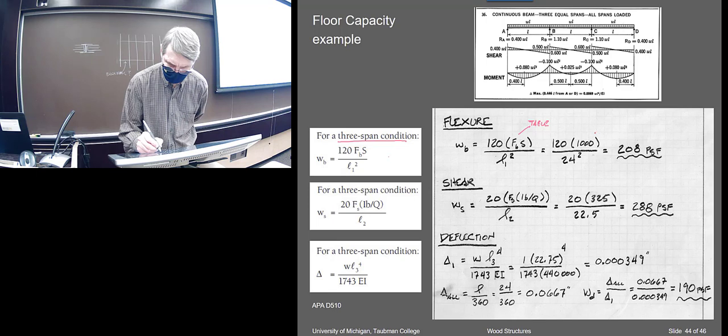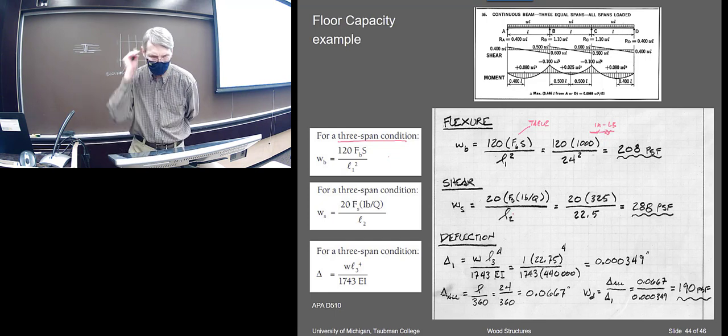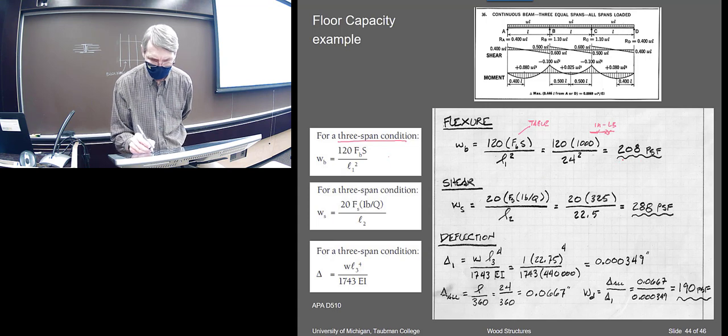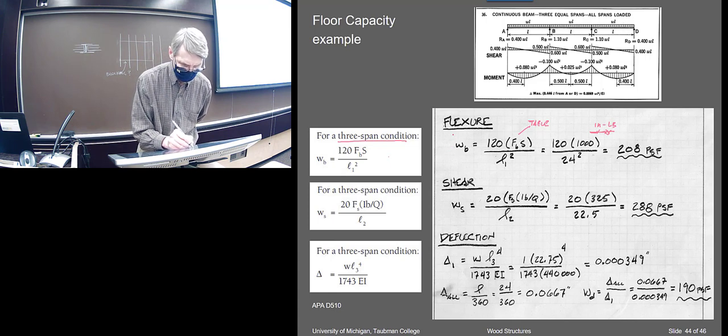That's that. 1,000, well, that's supposed to be inch pounds. Maybe I should write it. Inch pounds, something like that, per foot. And that comes out then to a PSF is what that results in. This is in PSF, right?